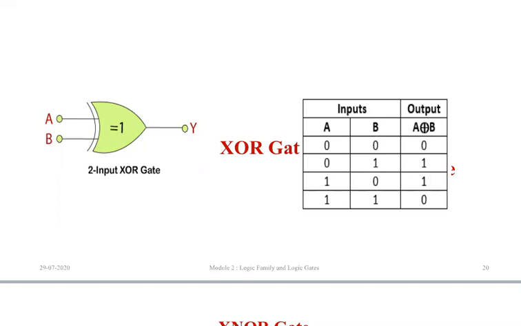Draw the symbol and the truth table. We also have a different IC for this, which performs this exclusive OR function.